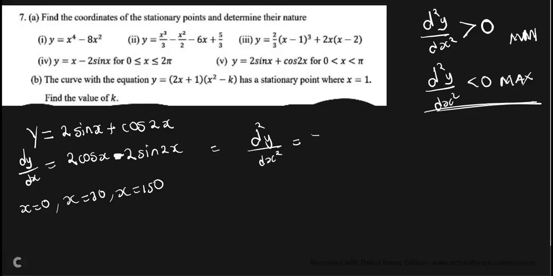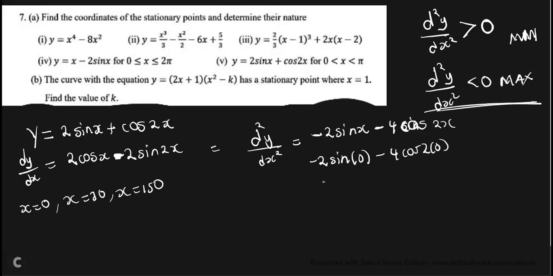So there will be negative 2 sine x, then negative 4 cos 2x, right? Now let's substitute x equals 0. Then we have negative 2 sine 0 minus 4 cos 0.